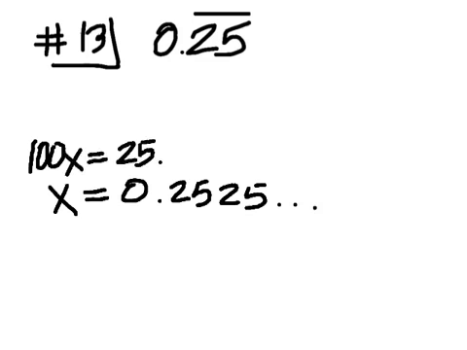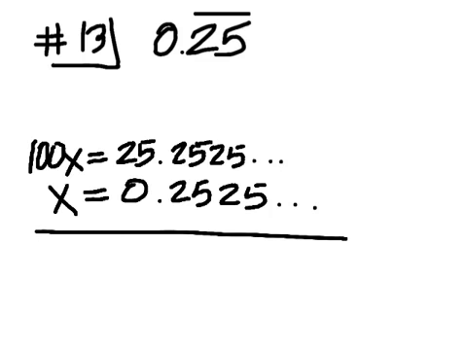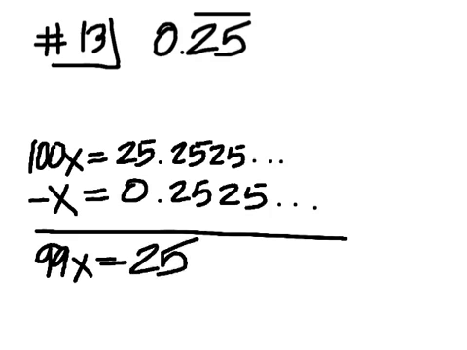This will give you 25.2525 repeating on the top. So, subtract: 100x minus x is 99x, and 25.25 repeating minus 0.25 repeating is 25. Therefore, when you solve for x, it is 25 over 99.